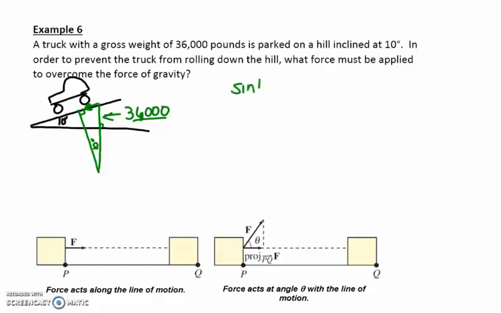So I want to use sine of 10 degrees equals that W sub 1 over 36,000. And so just multiply that 36,000.